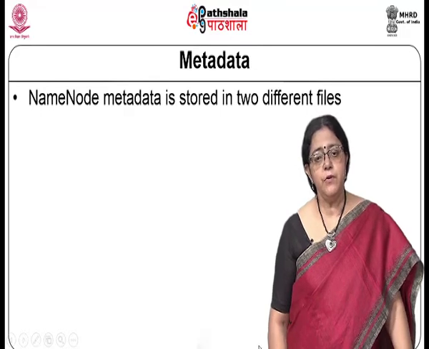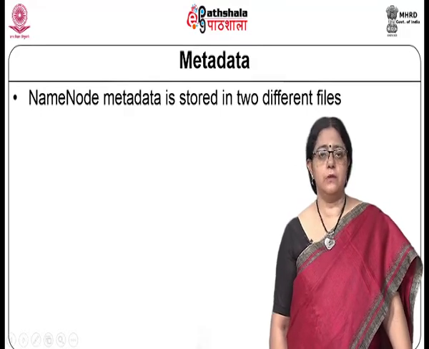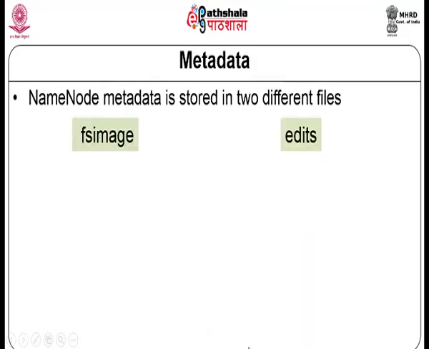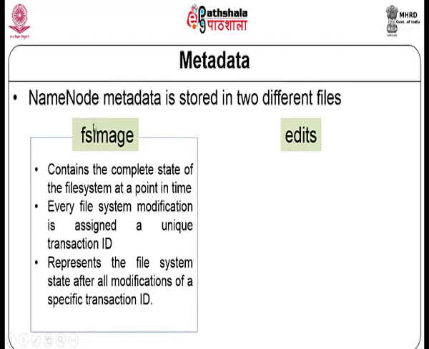So, name node metadata is stored in two types of files. One is called the FS image and the other is called the edits. FS image is the overall state of the whole name node at any point in time. As the name suggests, it is a snapshot of the whole system.